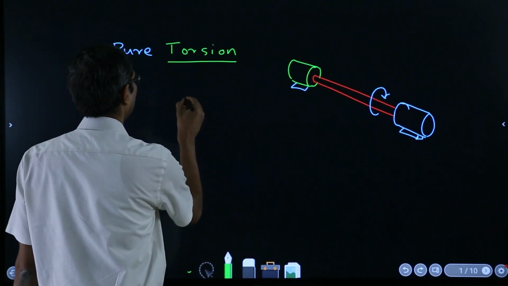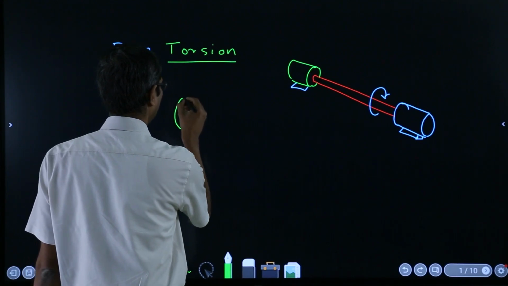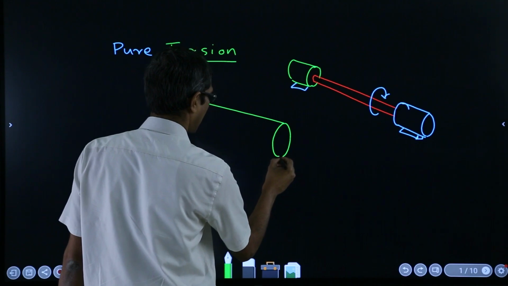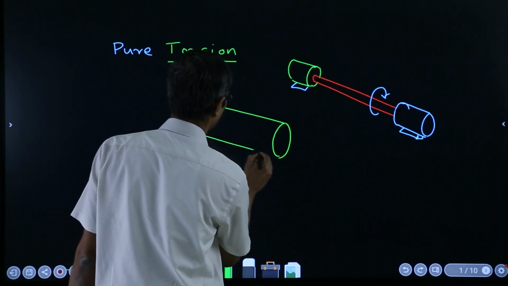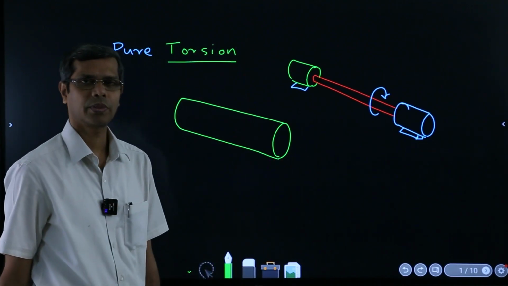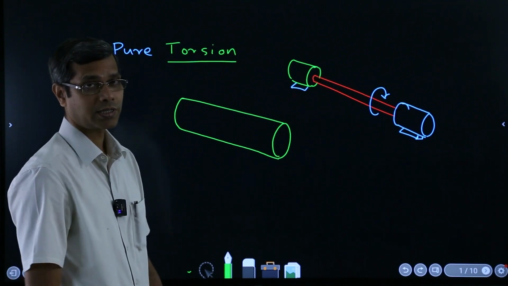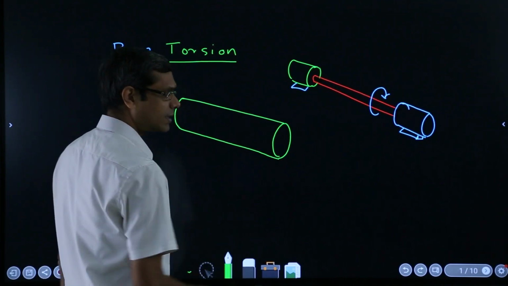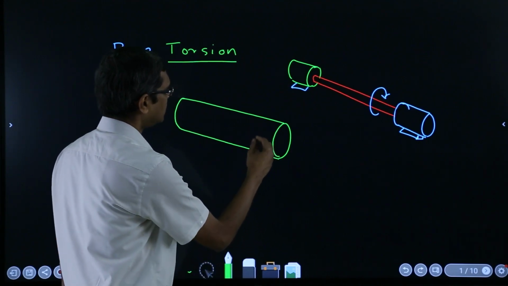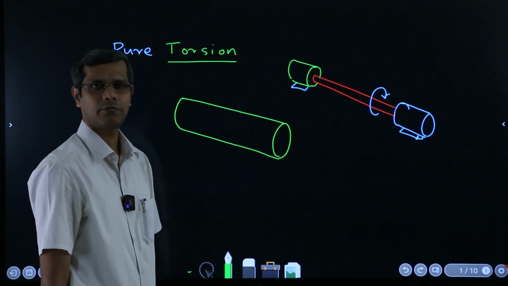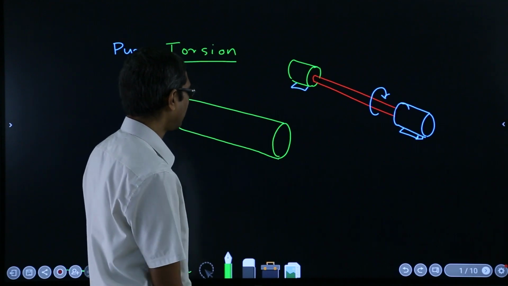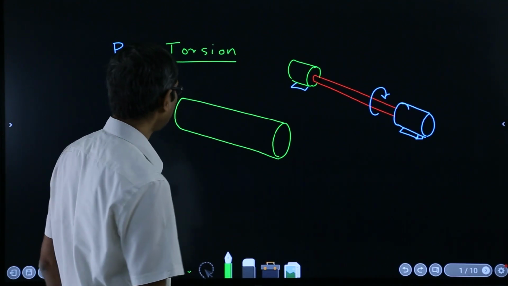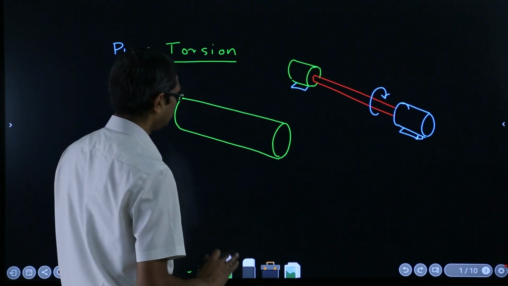That means it's a uniform cross section axisymmetric bar. All these words are very important. Uniform cross section of certain length, and the cross section must be axisymmetric. We will come to the reason why we have this assumption or requirement, but that's the situation.